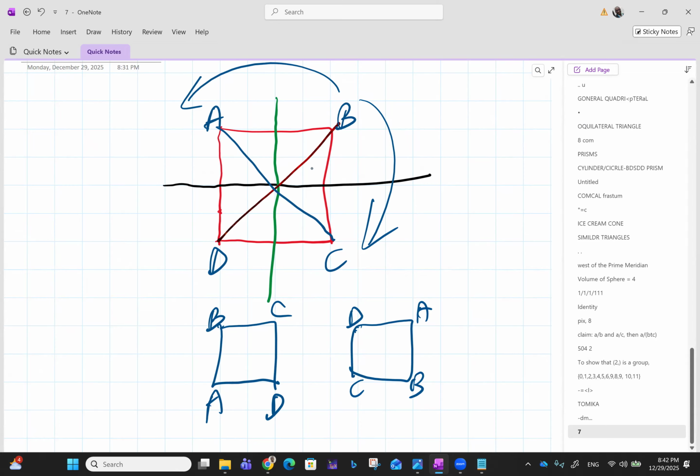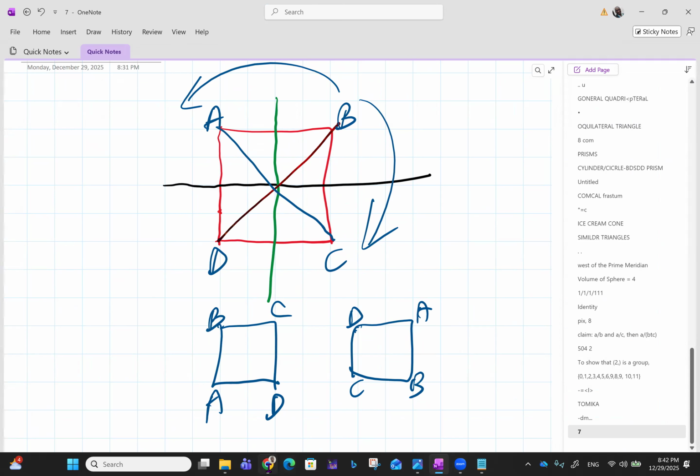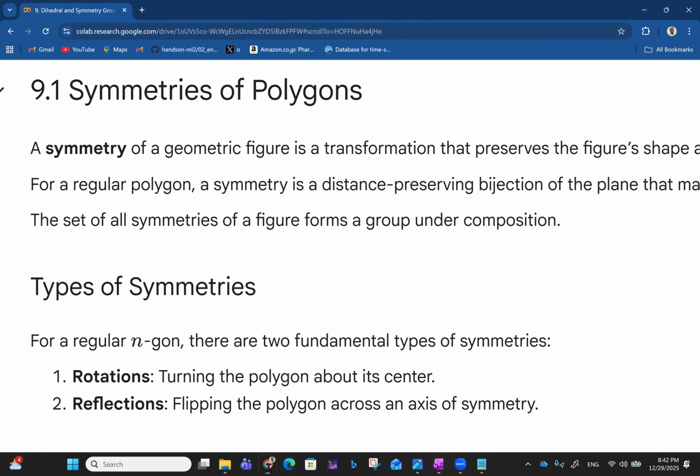And then you can also have reflection, right? Reflection across the symmetry. So it's like you're flipping it over across the line of symmetry. So we're going to see things like that as we go on. So basically, there are two types of symmetries for a polygon. You can either have rotations or reflections.